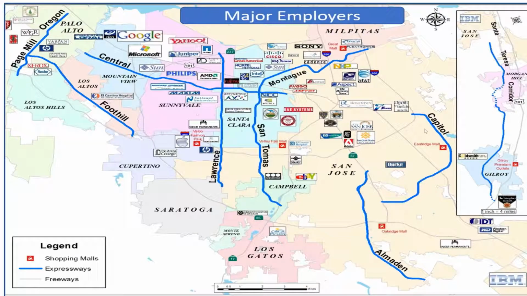So this slide's a little bit outdated. It's about 10 years old. I need to update this, but I just wanted to give some perspective of some of the major trip generators here in Santa Clara County. What you're seeing up there is almost kind of oblong. We call it the golden triangle, where most of our high-tech companies are concentrated.